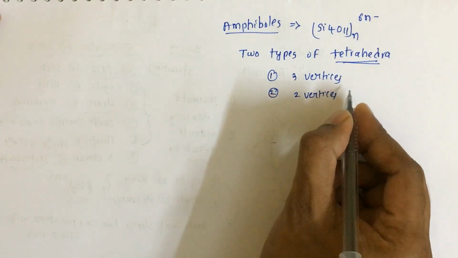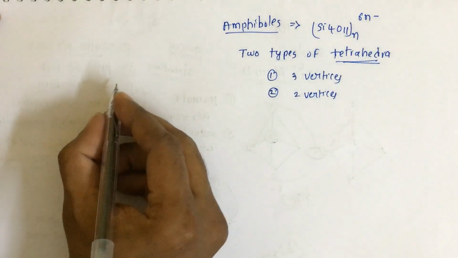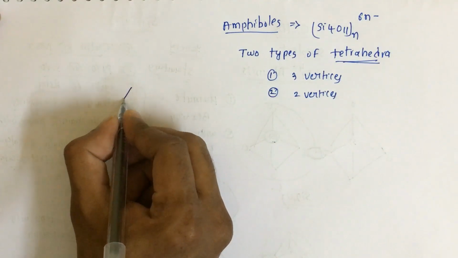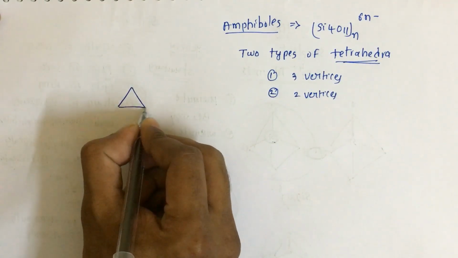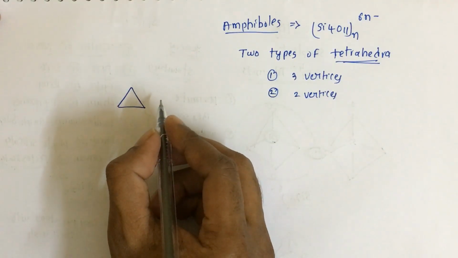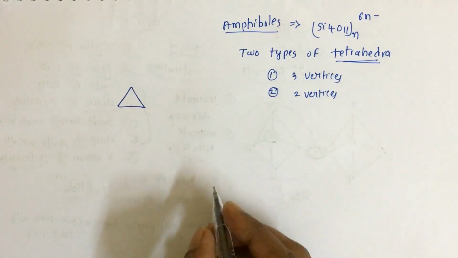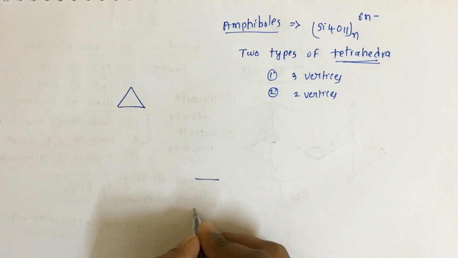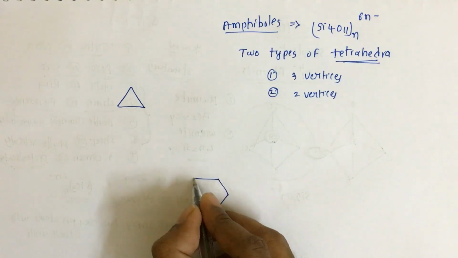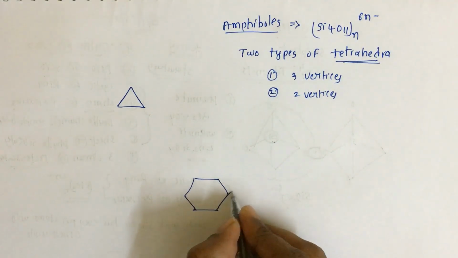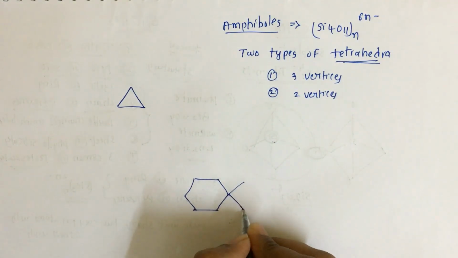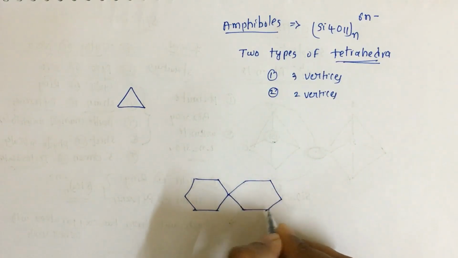Vertices is nothing but oxygen atoms. So if you want to draw the amphibole structure, just draw two cyclohexane rings connected by one carbon.